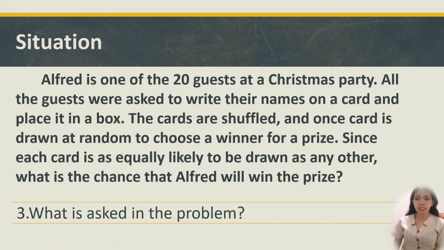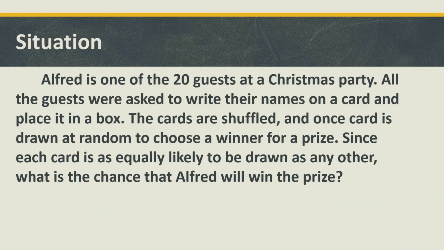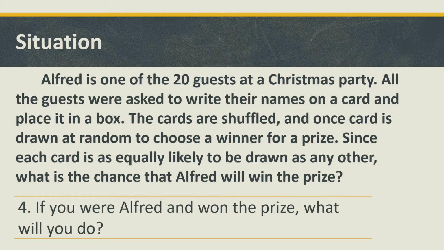Number 3. What is asked in the problem? Very good. Number 4. If you were Alfred and won the prize, what will you do? Yes, very good.